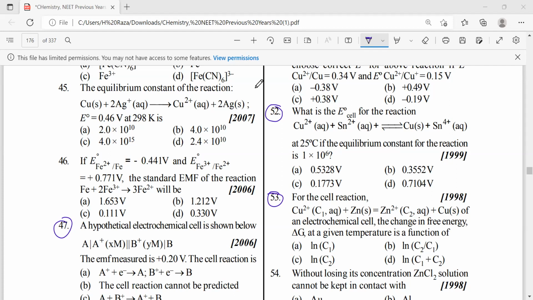So can you solve it, please? Question number 52, right? Yes. So I'm going to share a new page for solving it. Now you can see.